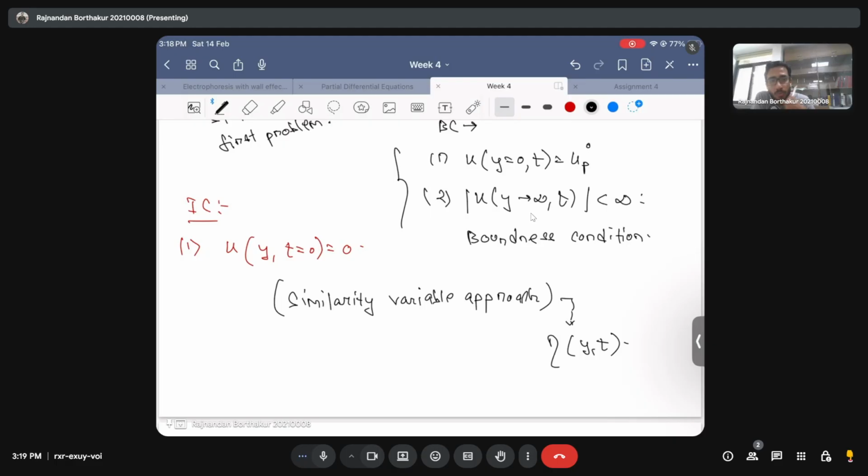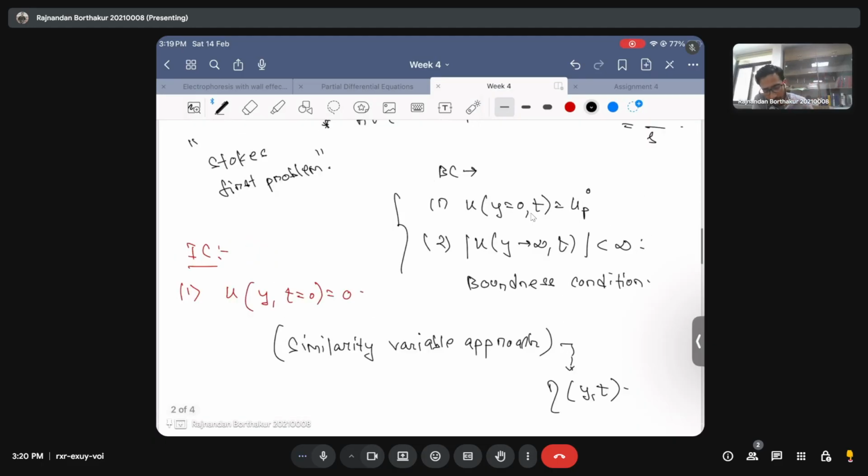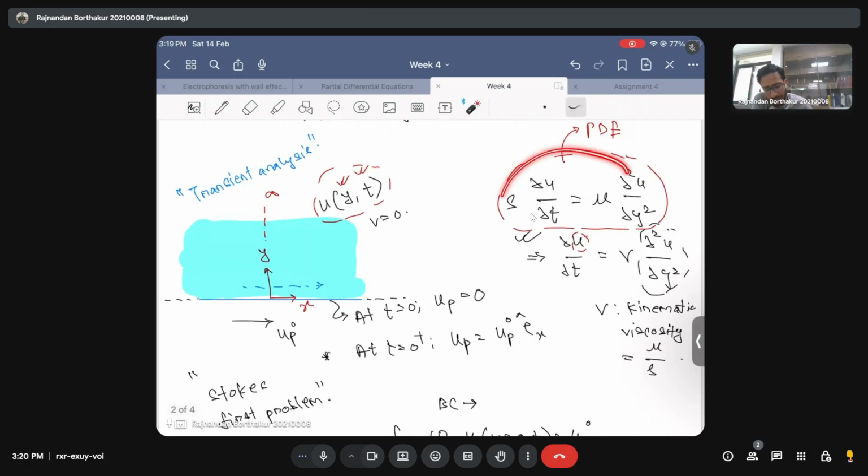The idea again is the same. You define the similarity variable in such a way that it has simultaneous dependence on y and t, and when you substitute it into your PDE, you end up getting an ODE for a function f which depends just on the similarity variable eta.